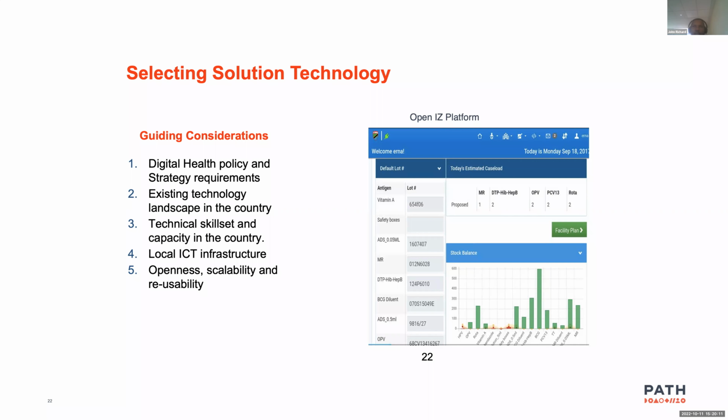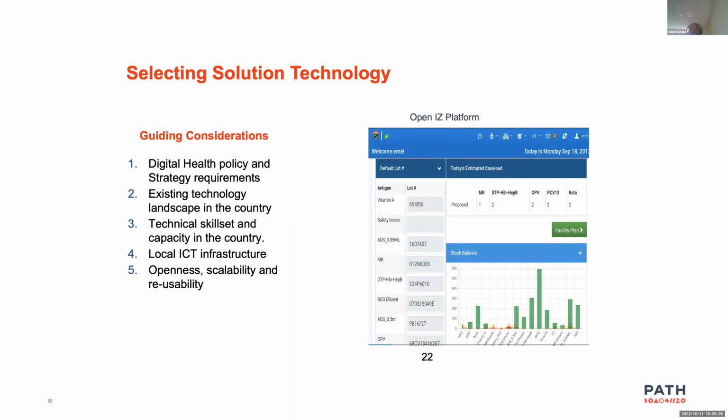The other consideration is you also need to consider the existing technology landscape to see if the existing technology really supports the technology that you would like to use.